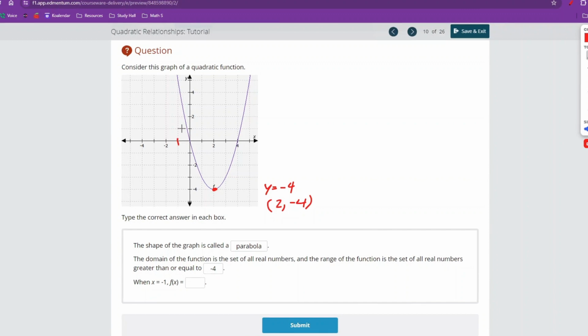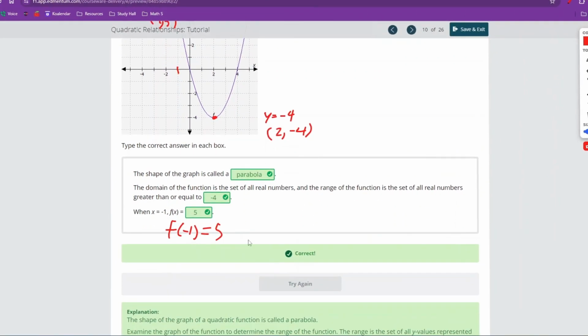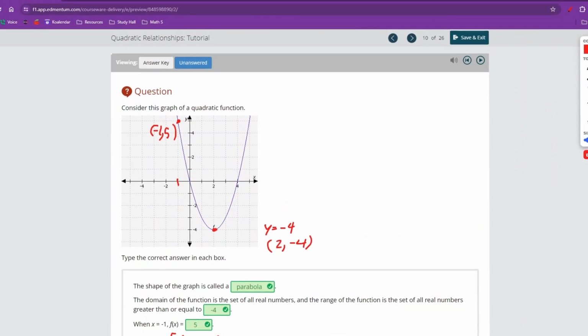So we look at our x is -1 here, and we find the point on the graph at x equals -1. This point being -1, that seems to be fine. So when x is -1, f of x is equal to 5. They also could have written this as f of -1 is equal to 5. They could have set it up like that, but both are valid. Submit, and naturally we are correct.